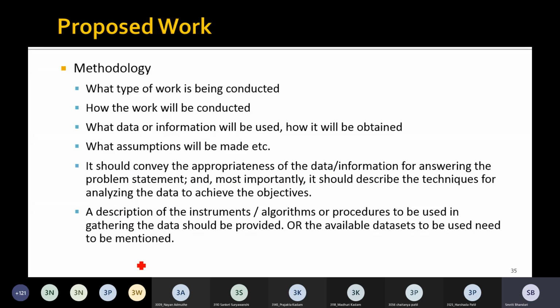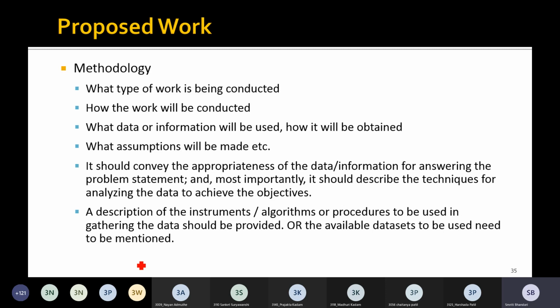Now, the next point that we would like to cover while writing the proposal for the project is the proposed work. So we have defined the problem statement. We have defined the objectives to come up with the solution for the problem.